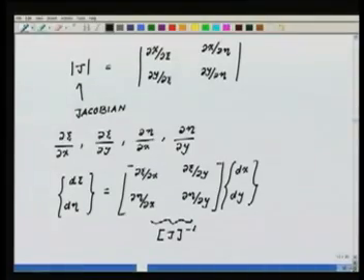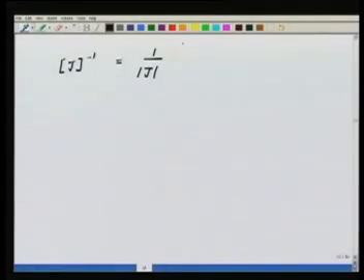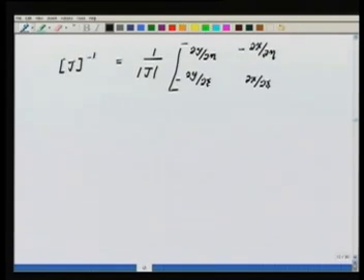So J inverse is equal to 1 by Jacobian. We interchange the diagonal entries, so I get del y del eta and del x del psi, and take the negative of the signs of the off-diagonal entries: minus del x del eta, minus del y del psi.